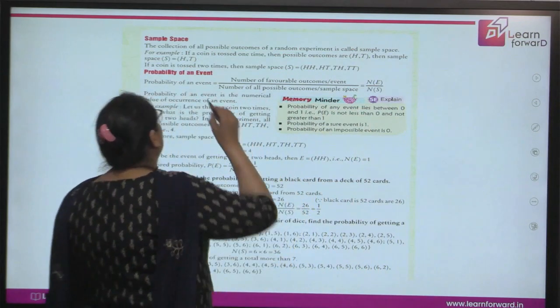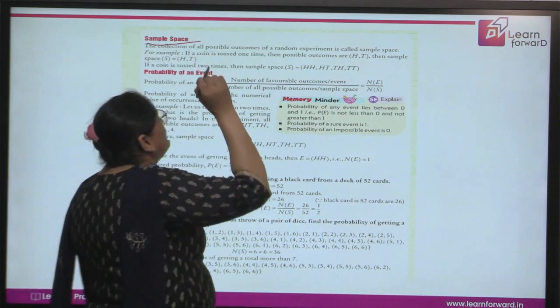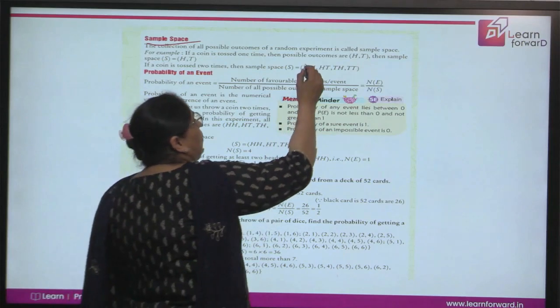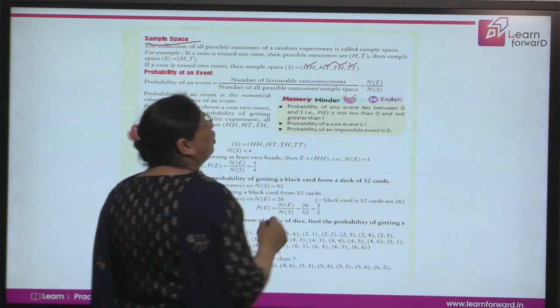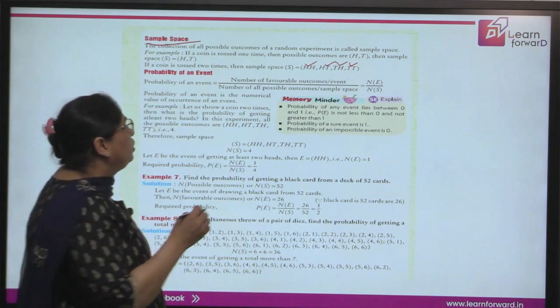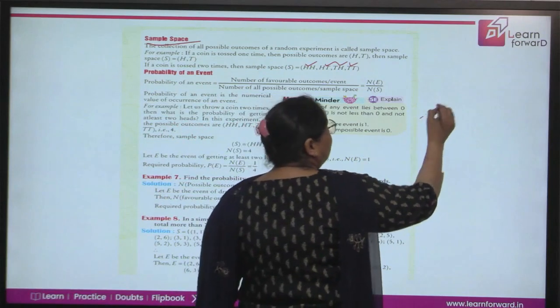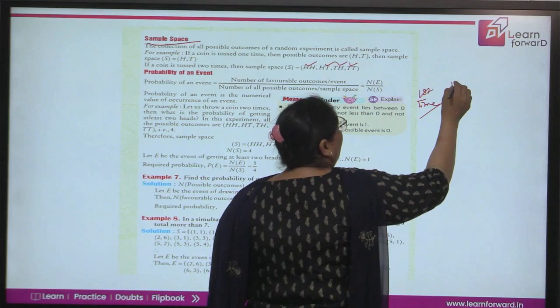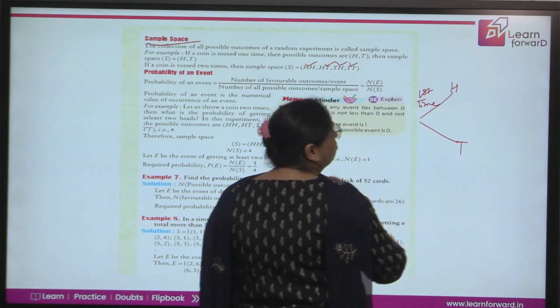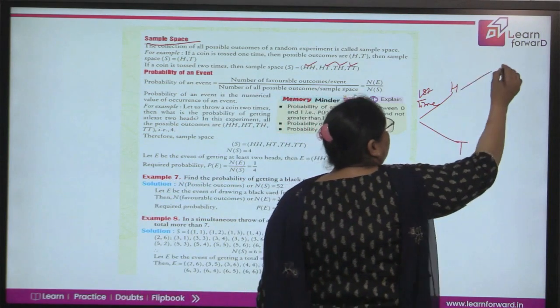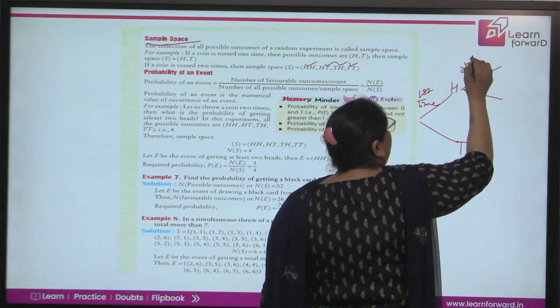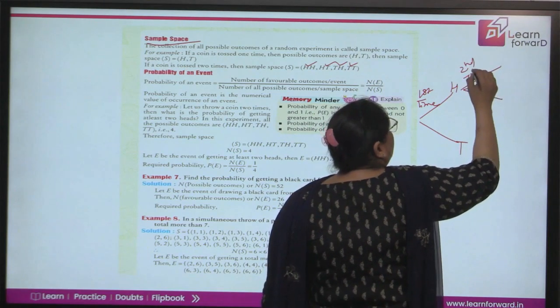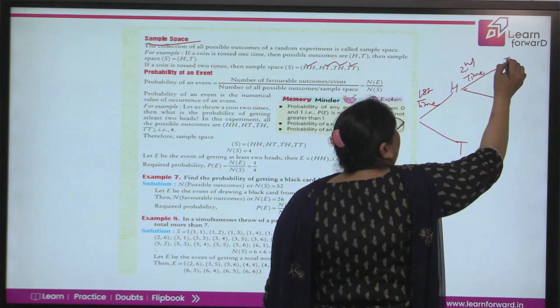Sample space. Now what is sample space? When we throw a coin for the first time, either a head or a tail appears. For the second time, it can again be a tail or a head.